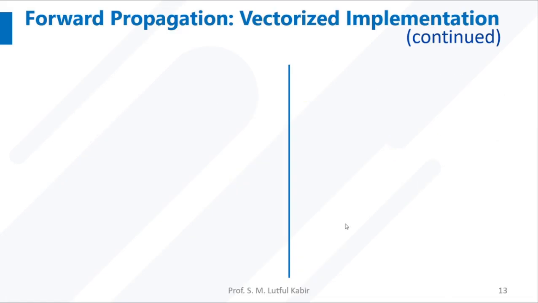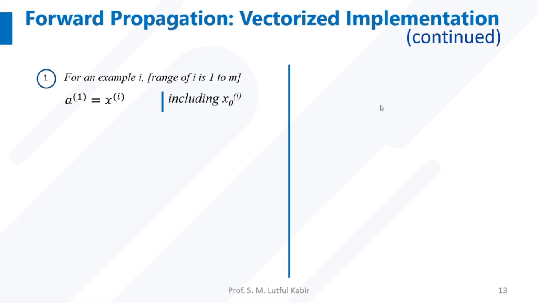So let us now discuss the vectorized implementation. How we can implement the neural network equations so that we can solve by vector. First of all, the steps in this implementation. First step is you have to define all xi with A. A is a vector, but it contains different elements like A11, A21, A31, etc. Similarly, Xi is a vector, but it contains different features like X1i, X2i, X3i.